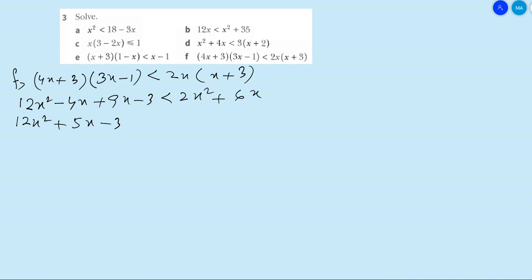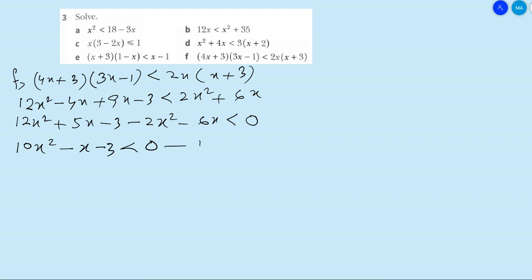Shift these two terms, 2x squared plus 6x, to the left hand side. It will be minus 2x squared and minus 6x, less than 0. 12x squared minus 2x squared is 10x squared. 5x minus 6x is minus x, and minus 3 less than 0.